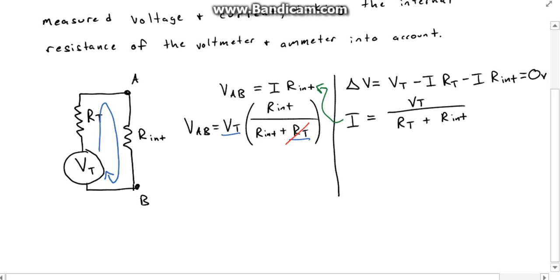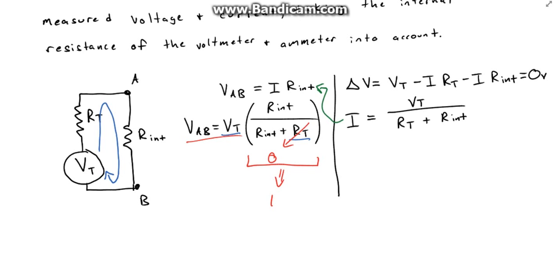So the Thevenin resistance in this limit goes to 0. We now have internal resistance divided by internal resistance, so this whole thing in the parentheses goes to 1. And so the voltage between points A and B is just equal to my Thevenin voltage in this limit. Okay.